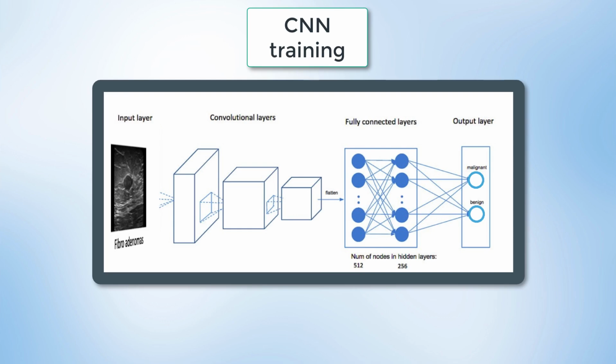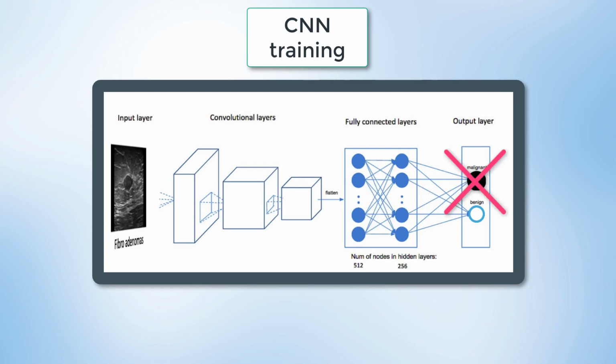As our network attempts to classify the image, it outputs a prediction such that malignant received the higher probability. This outputted prediction is compared to the target prediction, the label, and supposedly this image corresponds to a benign breast lesion. It's not malignant. It made the wrong prediction.